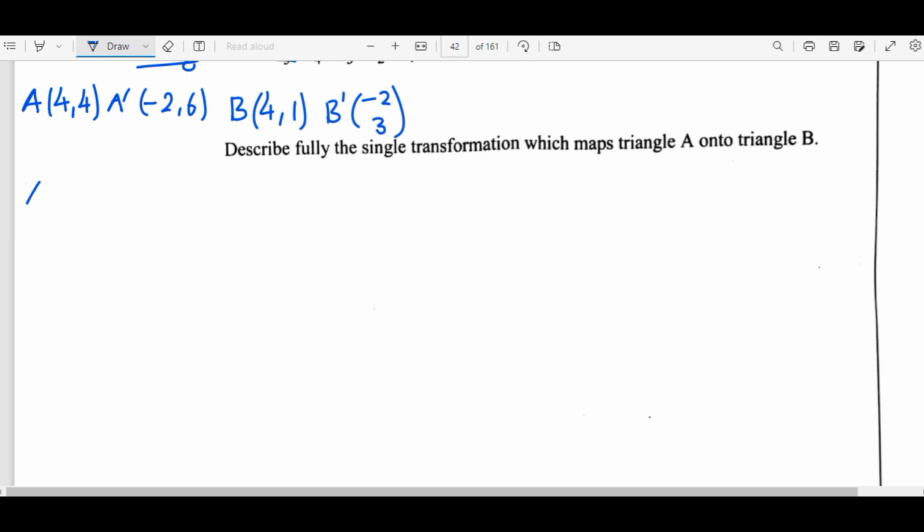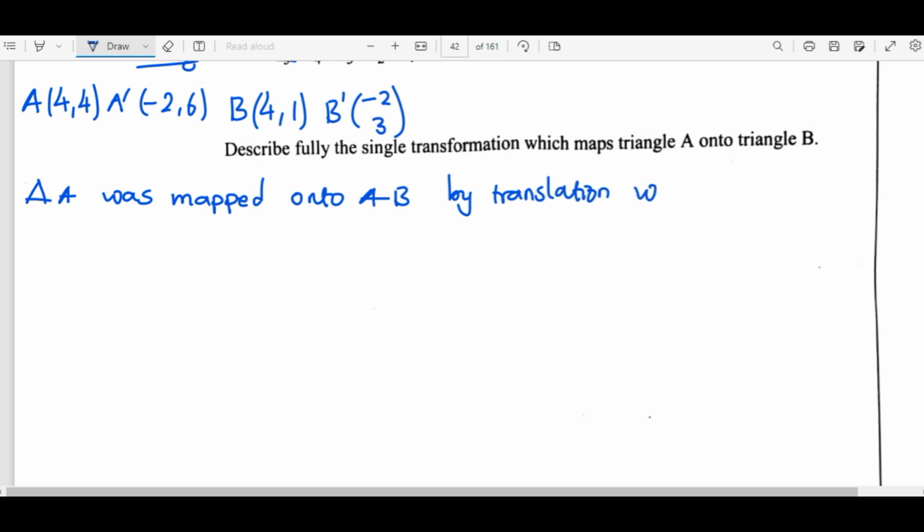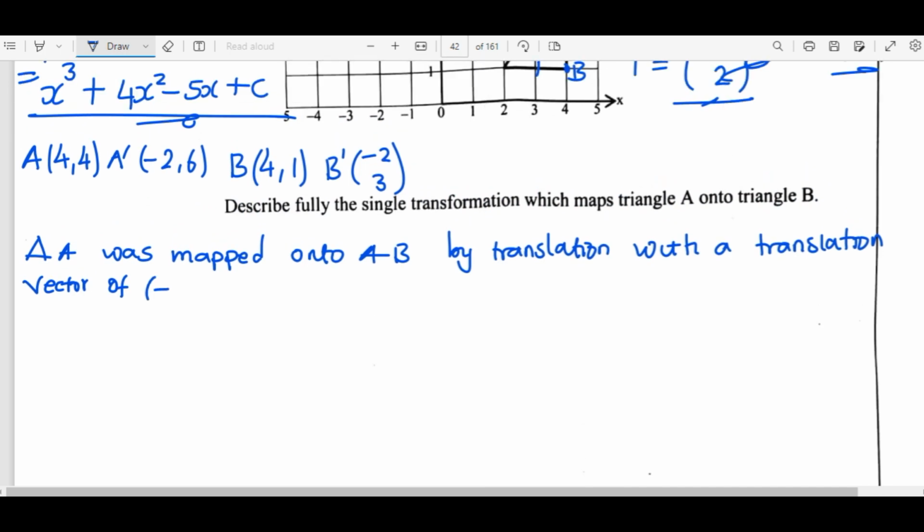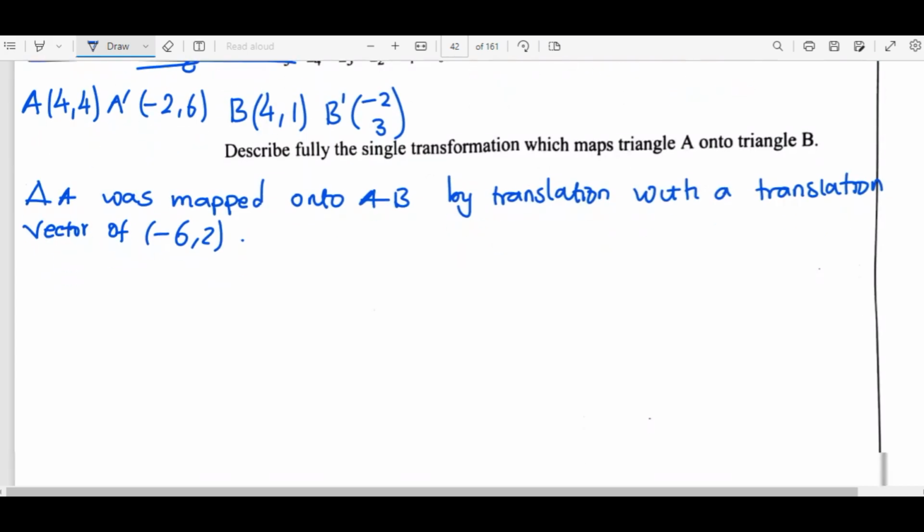We say triangle A was mapped onto triangle B by translation with a translation vector of (−6, 2). So this is our final answer. We move on to question 17.